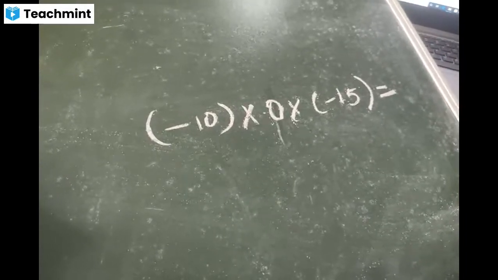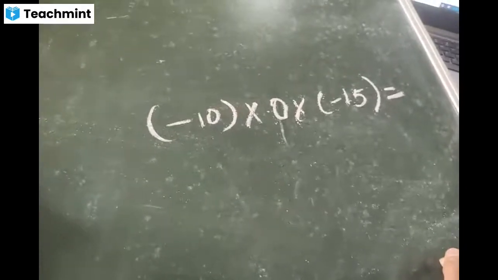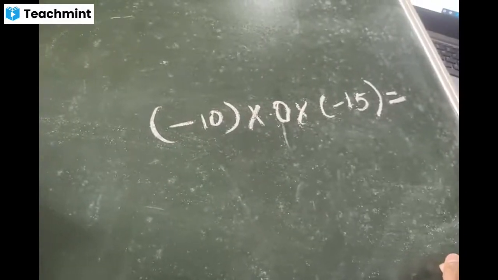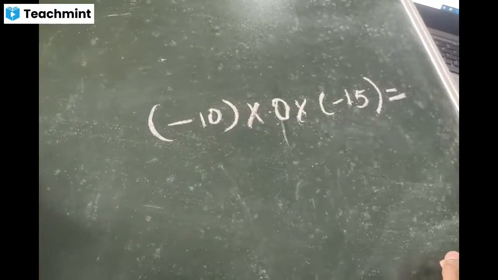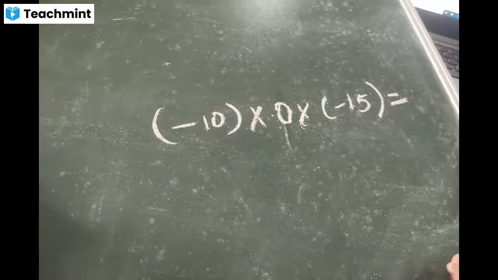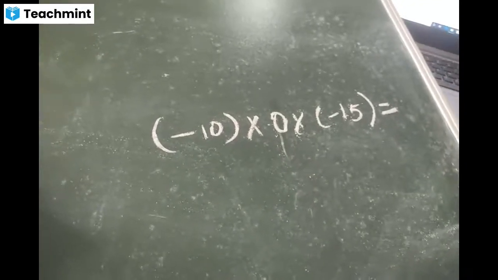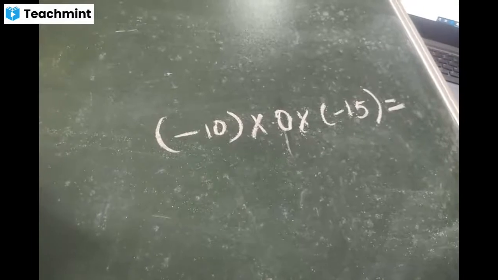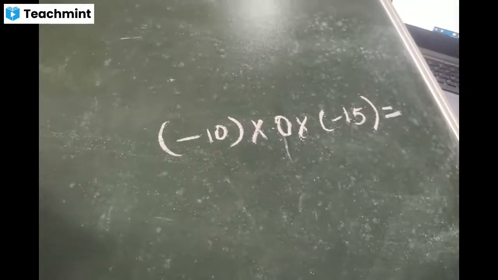Don't know. What are you going to multiply here? Just look at the question once. Minus 10 into 0 into minus 15. Aditya, what is the answer? Dhanushri?